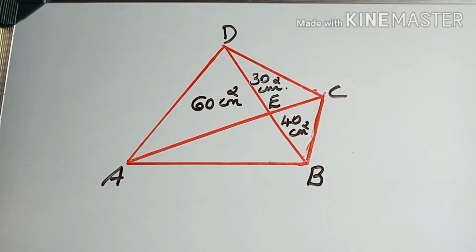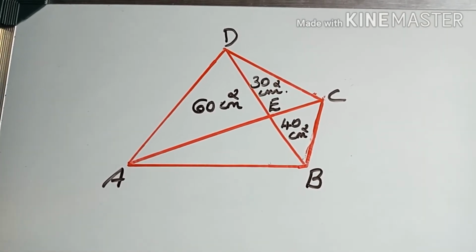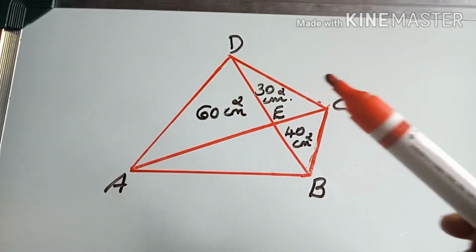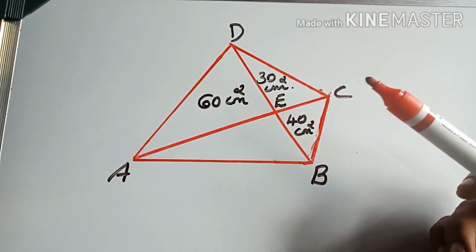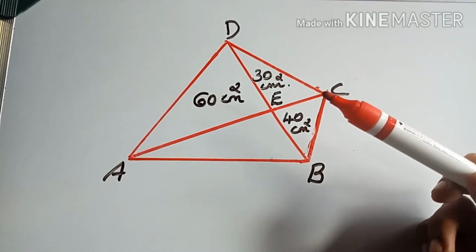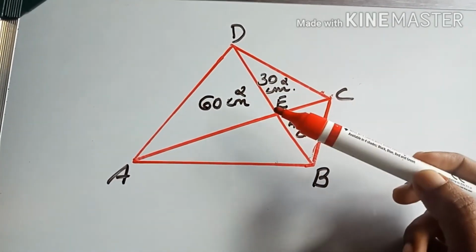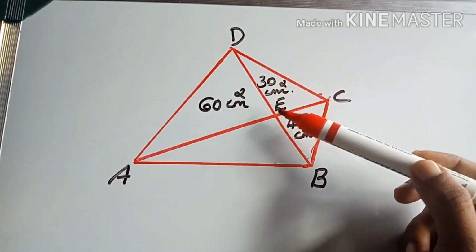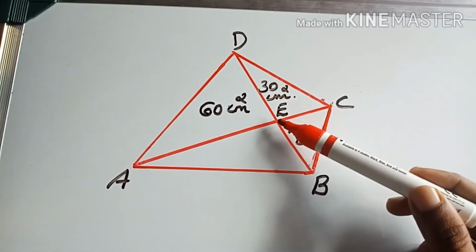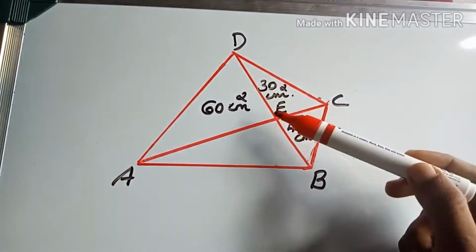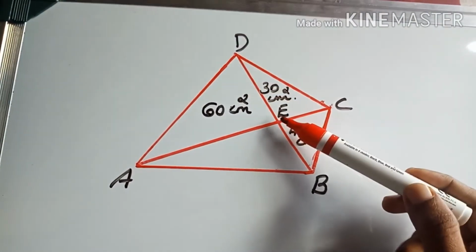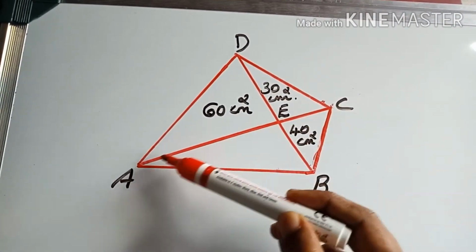Now for that, we know one concept. What is that concept? The triangle division concept we learned. That concept we are going to apply here. The concept is, in a triangle, if a line is drawn from the upper vertex to the base, here DE is the line, this line DE divides the base AC.